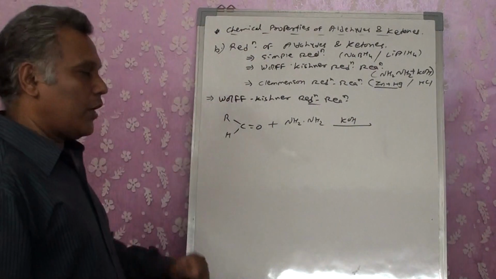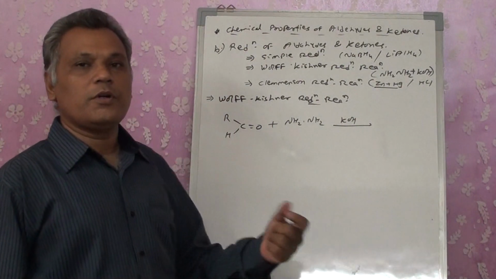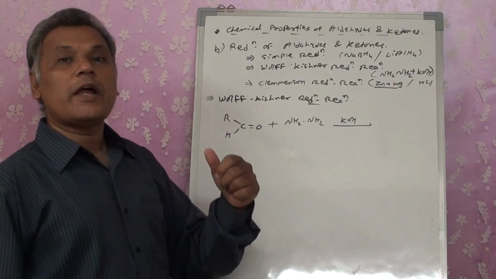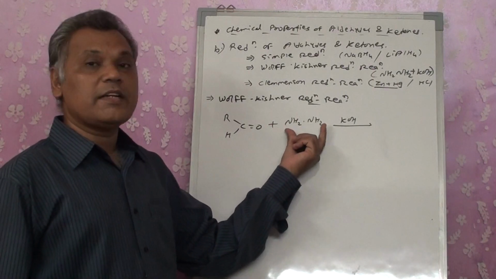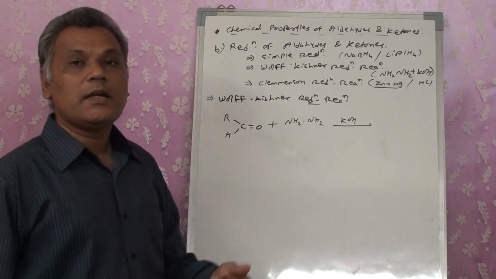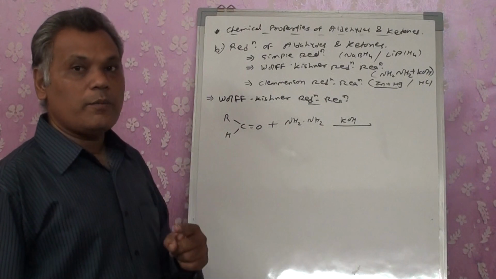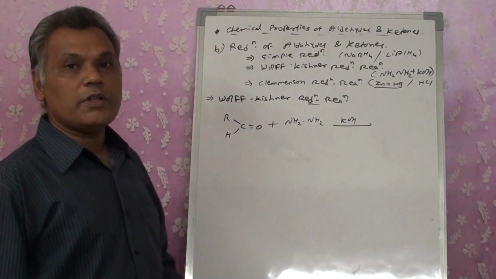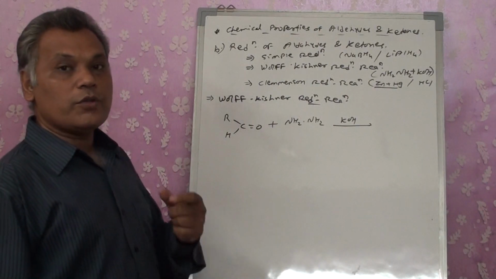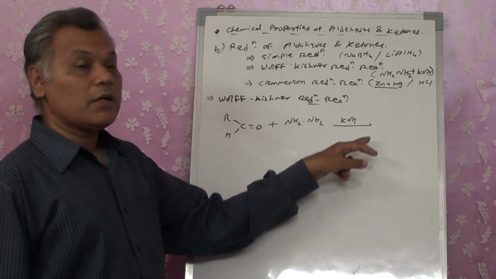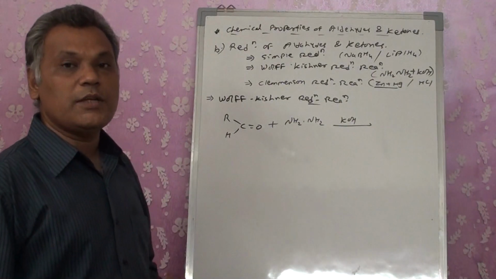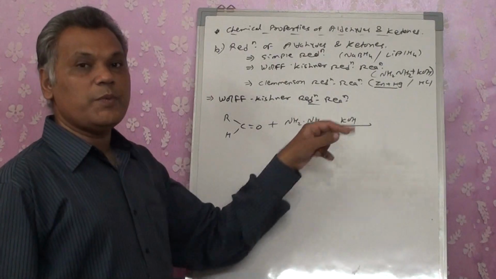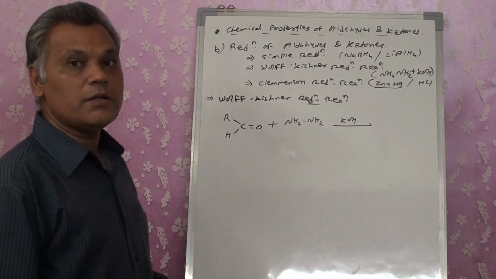Before I go to the product, you can recall the nucleophilic addition reaction of ammonia and its derivatives. We wrote NH2NH2 and we got a hydrazone, right? But remember, that reaction was carried out in acidic medium. Here you are doing the reaction in basic medium. So that difference of medium also changes the product. Though the reactants and reagents are the same, only the medium has been changed, the product is going to change.